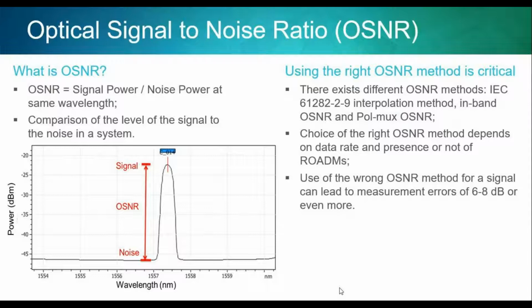Thank you. All right, so optical signal to noise ratio, OSNR. This is most probably one of the most critical parameters to consider with regards to DWDM systems. So what does OSNR mean? Well, it's really the relationship between the strength of the signal and all the different fluctuations that can happen, meaning in terms of the amplitude, the phase, and the frequency.